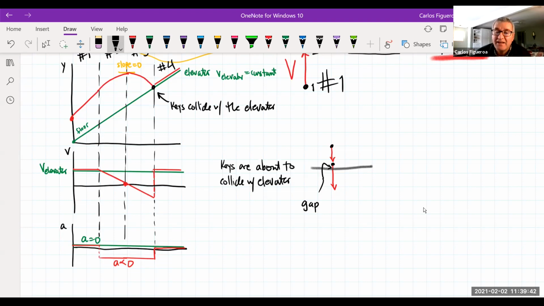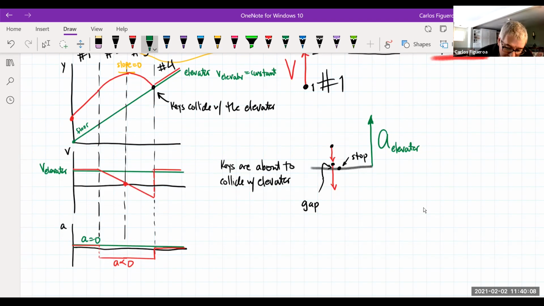So it's a tiny, tiny gap. The very next dot is that it comes to a stop. So you're going from the fastest to the smallest. So what's changing the speed of the keys? The acceleration due to the elevator. It just stops it instantly.